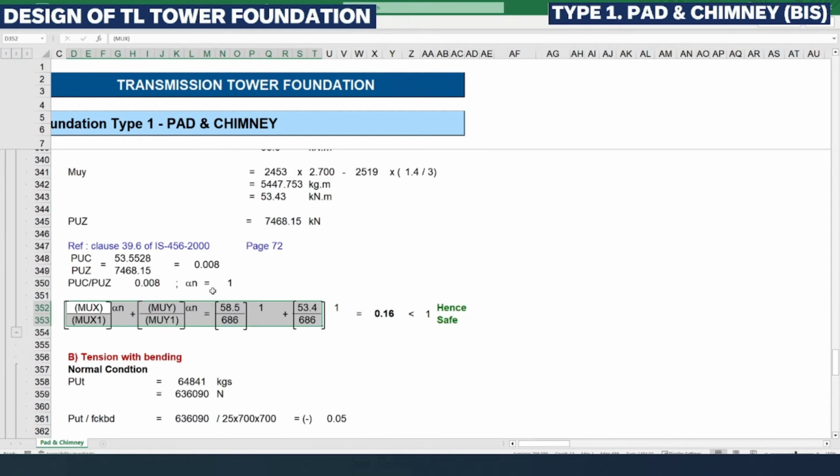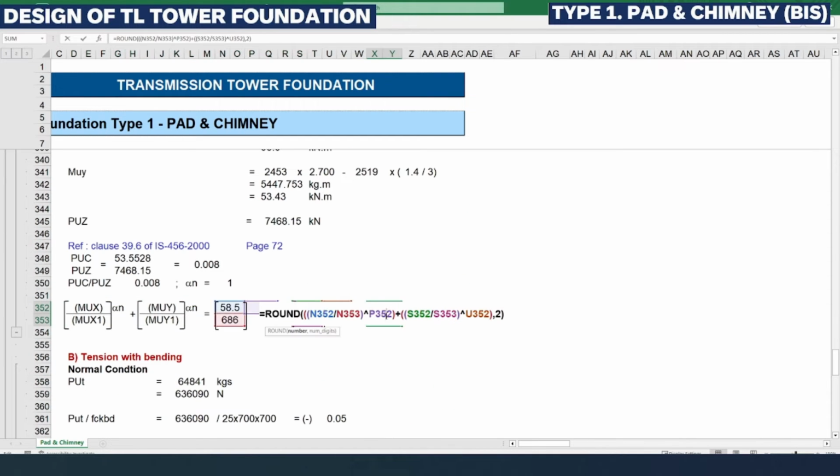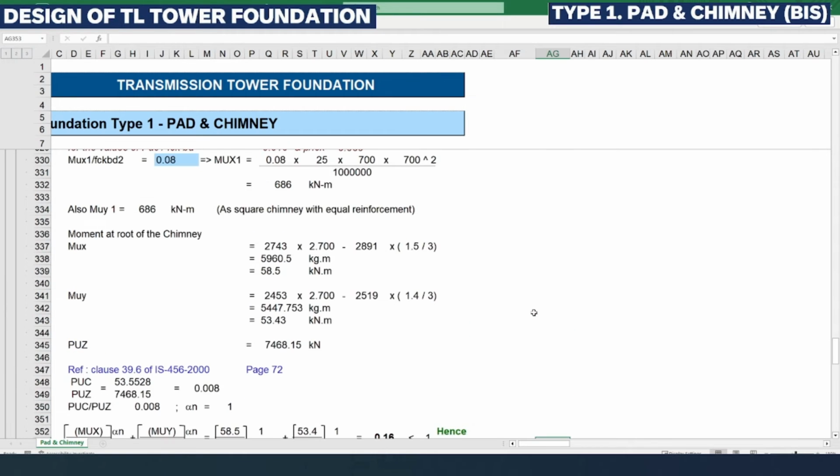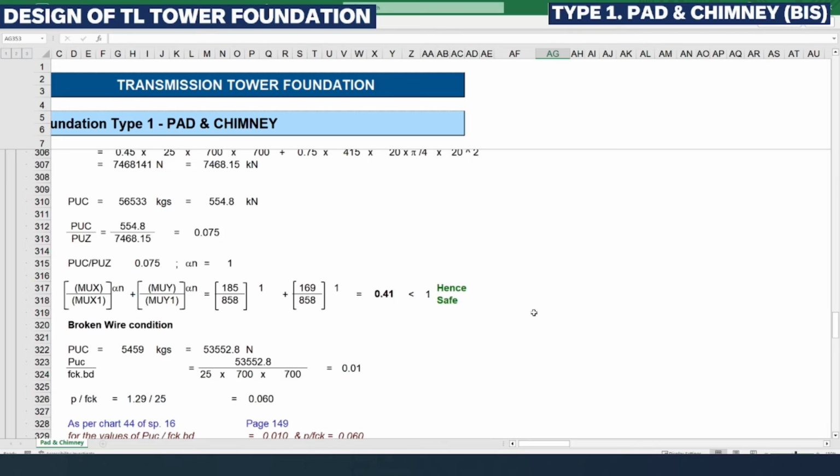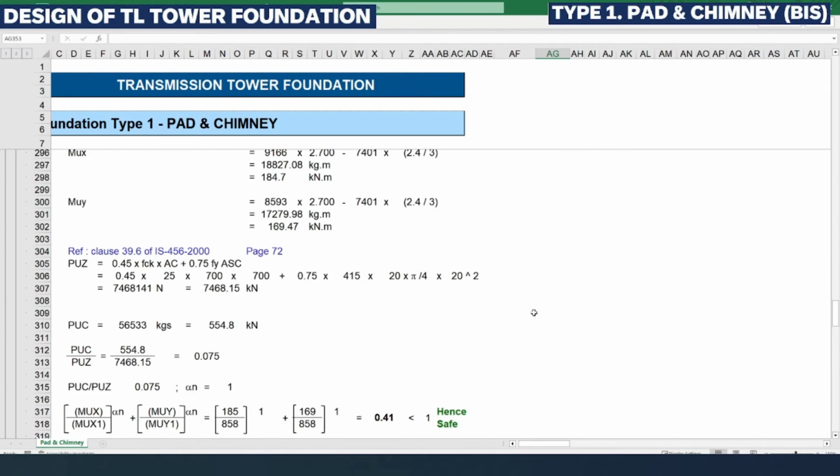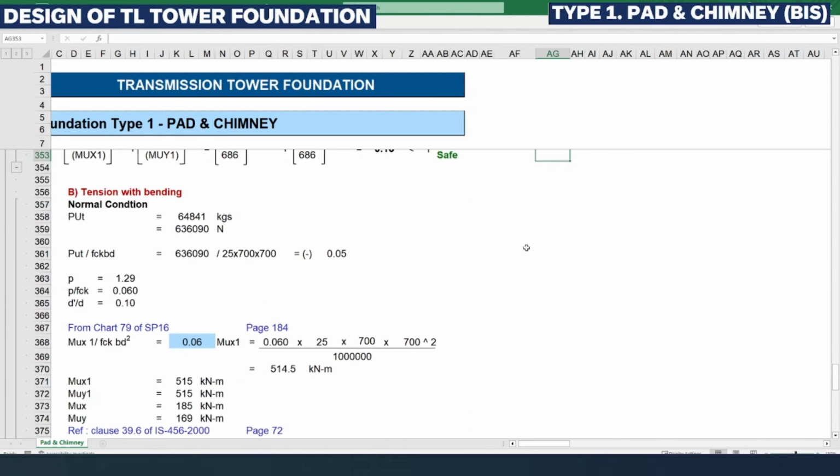So all those we need to apply here and finding the interaction factor is 0.16, which is less than or equal to 1, hence safe. So with this, the compression with the bending for two cases, that is normal and broken wire condition, is completed. Next we need to do tension with bending.